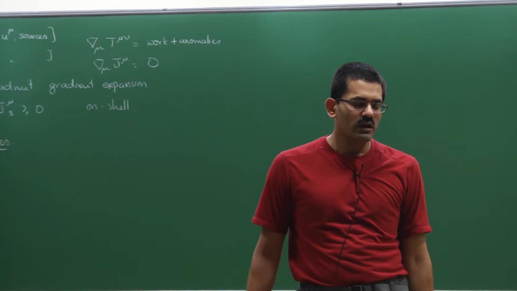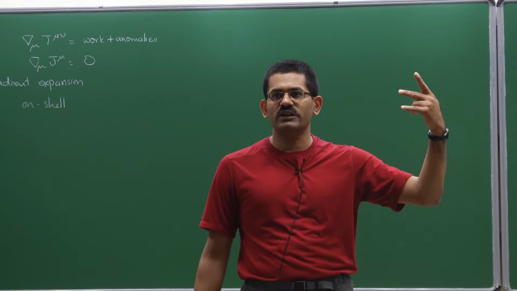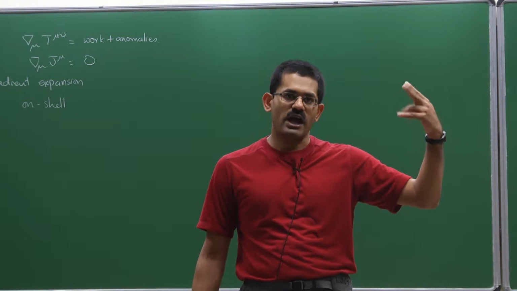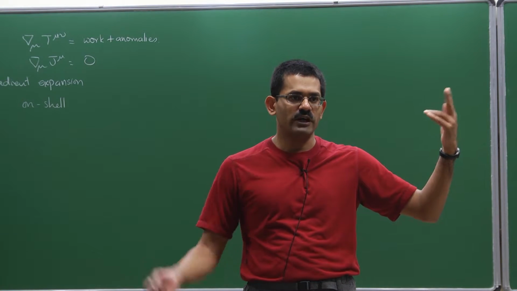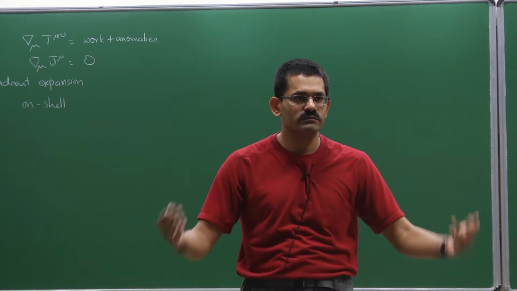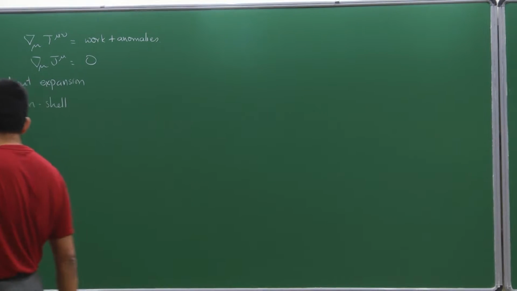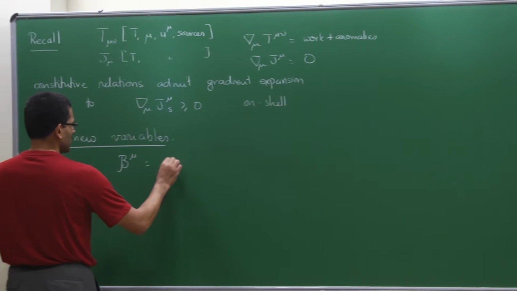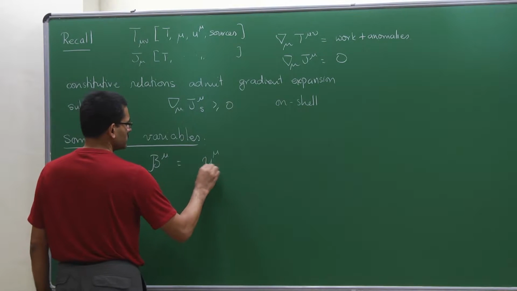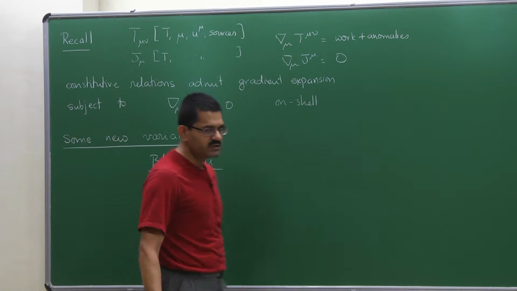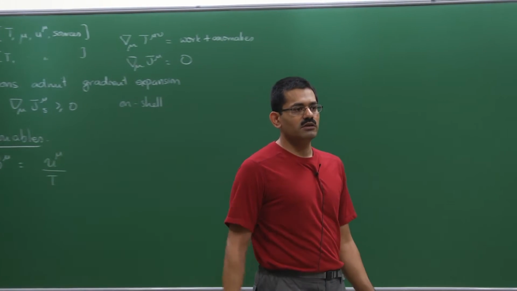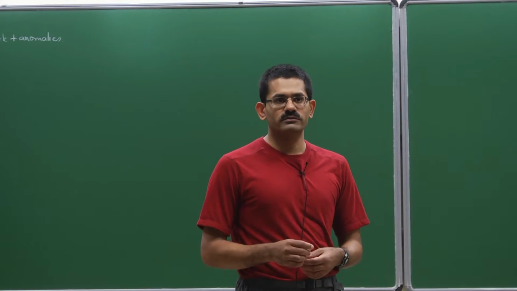Since I have a normalized vector and a scalar, I can always trade them for an unnormalized vector by absorbing the scalar into the normalization. So let me introduce a new object. I'll call that beta^mu, which is just the velocity field divided by temperature.